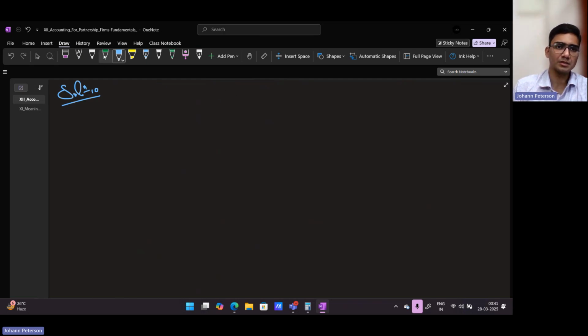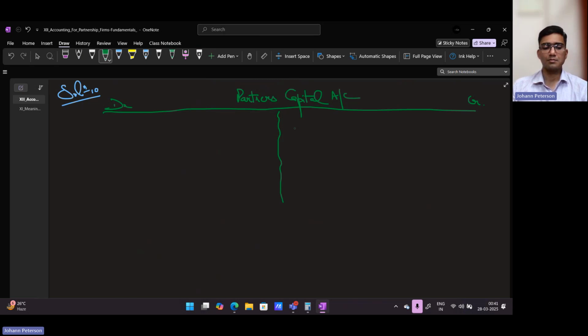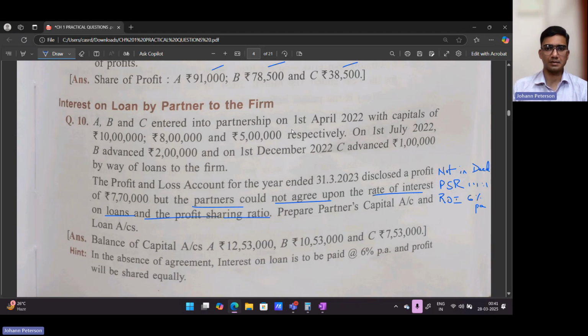So simply we will call this partners' capital account. Okay, debit, credit. Now simply let's look at our dates. We have been given dates here. So let's put in dates.